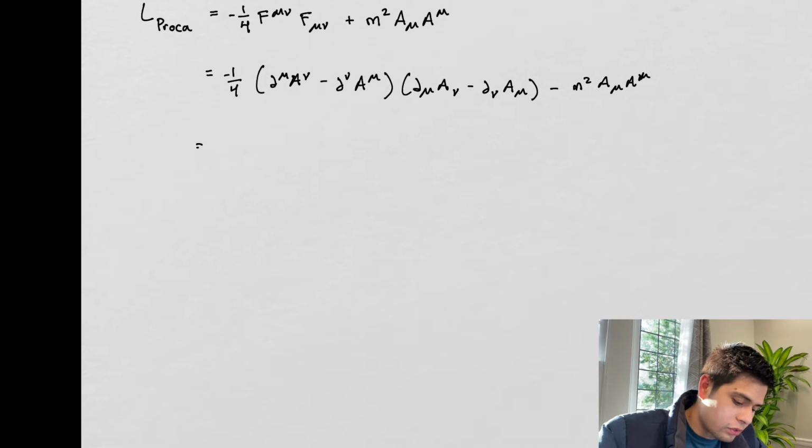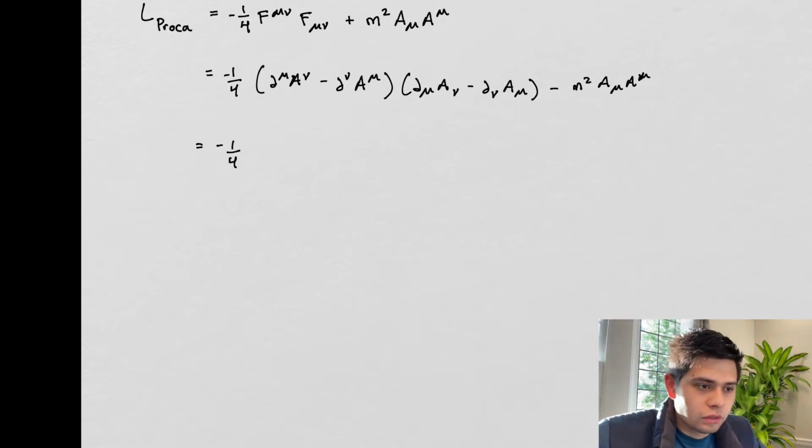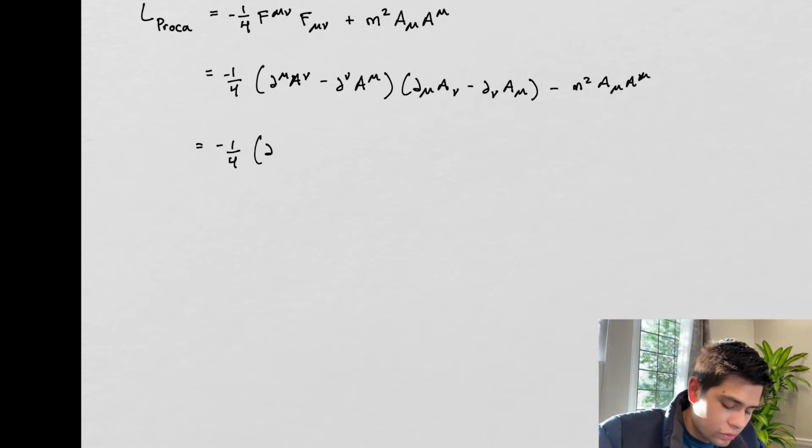Then we're going to want to FOIL this out, right? So we're going to get d mu A nu, d mu A nu, minus d mu A nu d nu A mu.